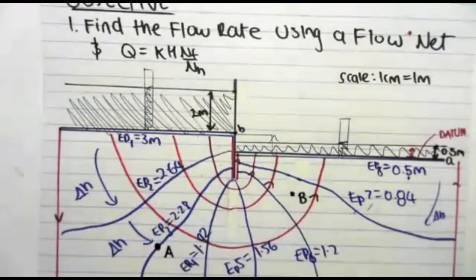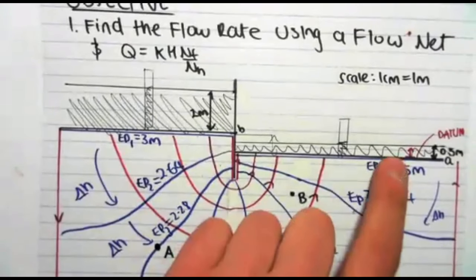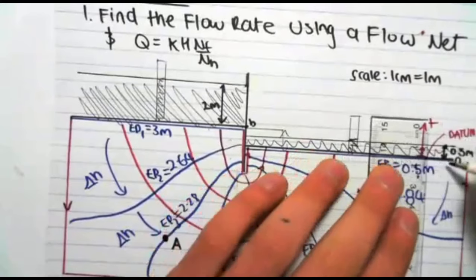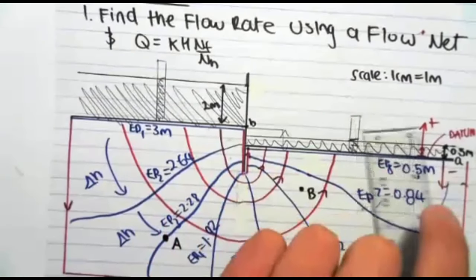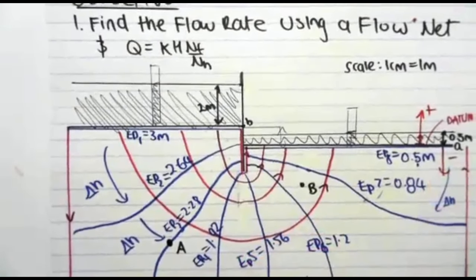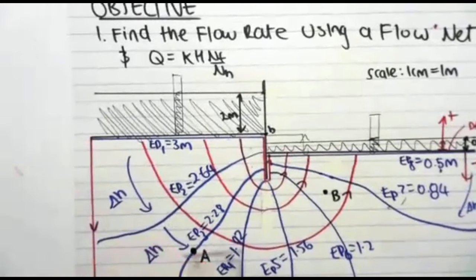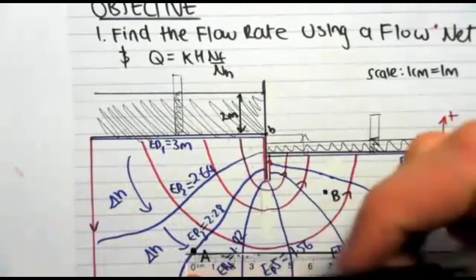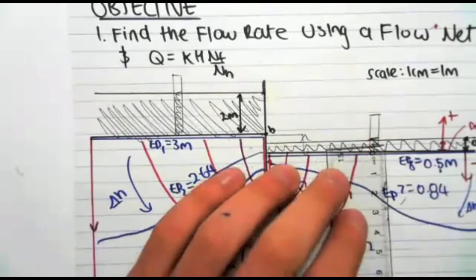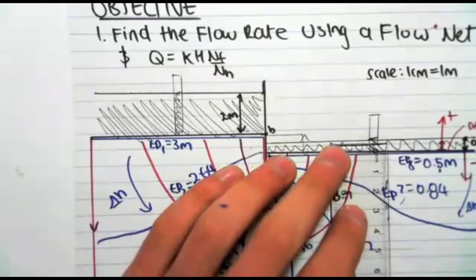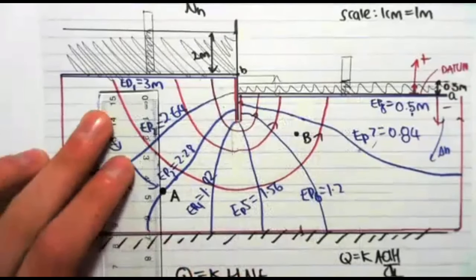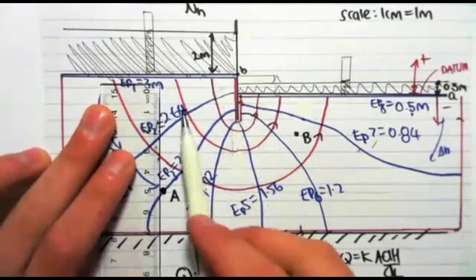Z is the distance from our datum. It's important to realize we've defined up as positive, which means that if we go down, we go negative. So from our datum, point A, if I dash this across just to get a scale, point A is roughly 5 centimeters from our datum.